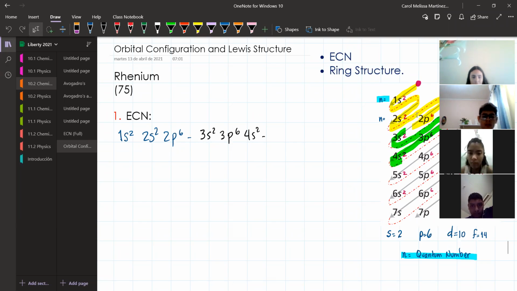I have already my first 20 electrons, but I need 75, which means I need to continue working. So let's follow the dash line again. I'm following the dash line. So I have 3d10, 4p6, 5s2.